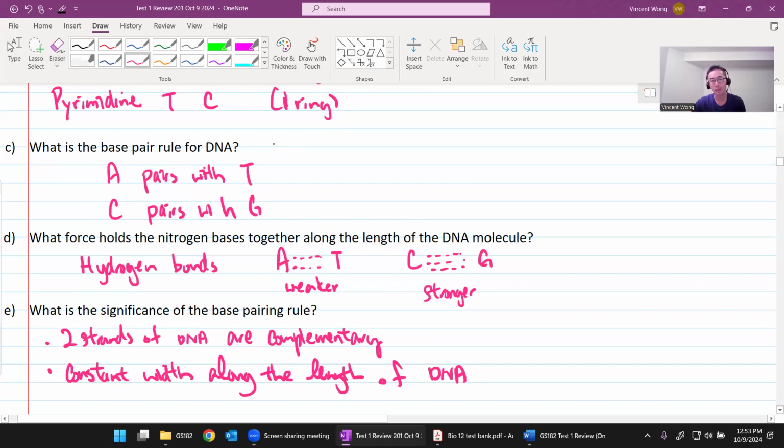The purines, which have 2 rings, will always pair with the pyrimidine, which has 1 ring. So across the DNA double strand, it's always going to be 3 rings wide. Okay? And that creates a consistent width across the length of the DNA, which increases stability of the DNA molecule.